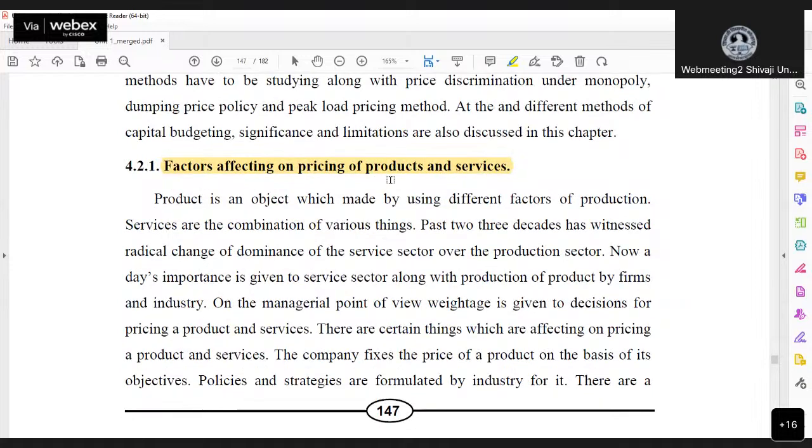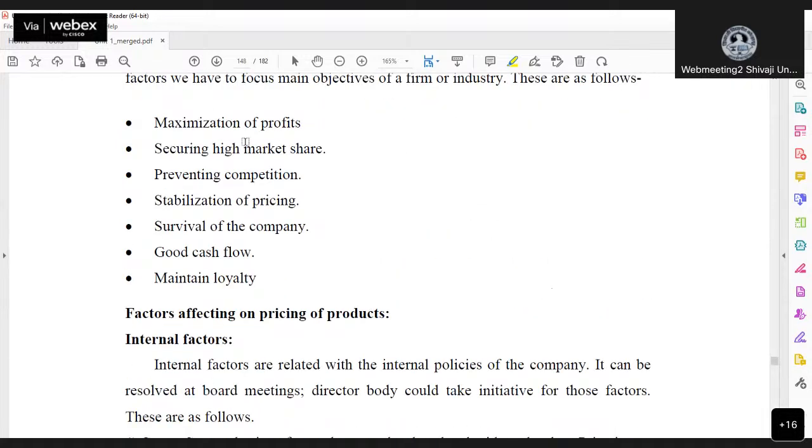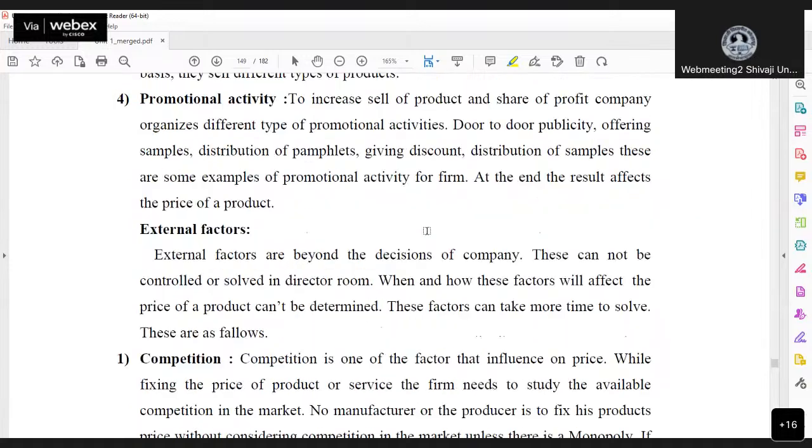Factors affecting pricing of a product. Which are those factors that affect the products and services of any organization? Maximizing profits, securing high market share, preventing competition, stabilization of pricing. All these things you have to write thoroughly. There is no scope for you apart from reading.